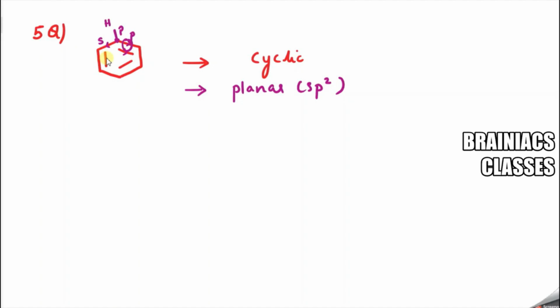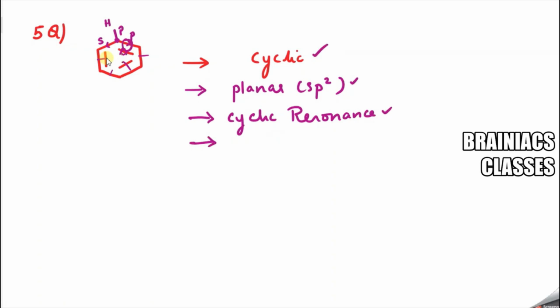Now what is the next condition? The next condition is cyclic resonance. Double bond, single bond, double bond, single bond, double bond, single bond, double bond, single bond. So you know that this is following cyclic resonance. So this condition is followed, this condition is followed. Now the last condition: count the number of pi electrons.